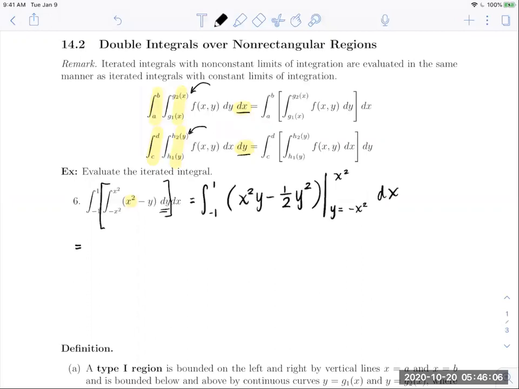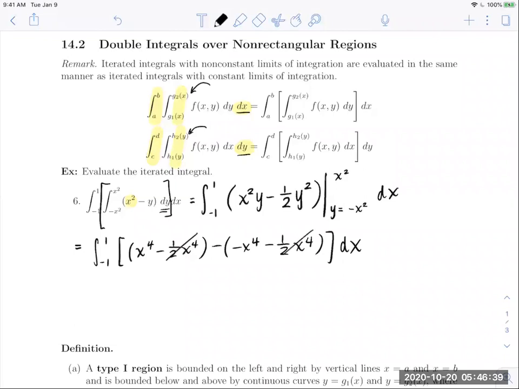All right, so applying the fundamental theorem of calculus, I'm going to evaluate at my upper limit of integration, which is positive x squared, gives me x to the fourth minus 1/2 x to the fourth. And now I'm going to subtract off evaluating at negative x squared, which gives me negative x to the fourth minus 1/2 x to the fourth. All of this being integrated with respect to x. So I see some cancellation here with the fractional x to the fourth terms.